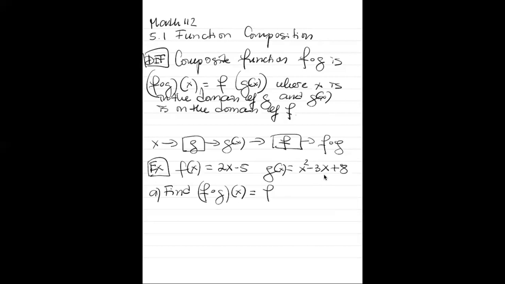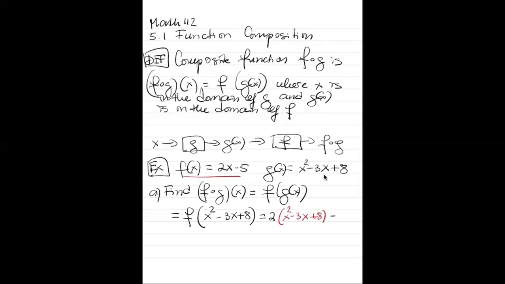So by definition, this is f of g of x, and we substitute first the inside function, so that's g, x squared minus 3x plus 8. And now we look at f, and what f does, if you give it x, it does 2x minus 5. So instead of x, we're going to put the input x squared minus 3x plus 8.